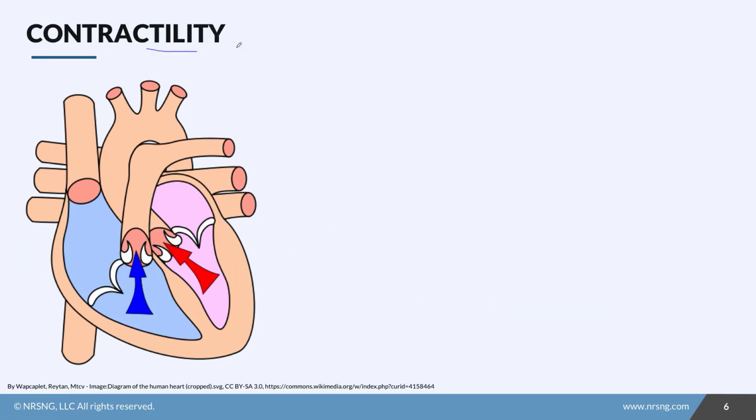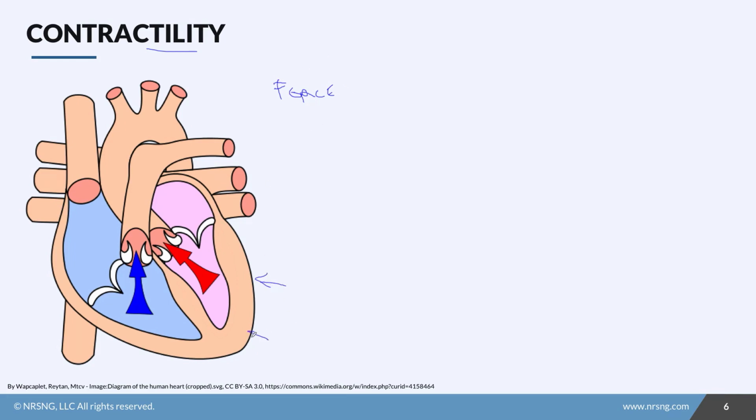Now, the last thing we want to talk about is contractility. This is the final element of stroke volume. Now, the best way to think of contractility is the force. This is the strength or force of the contraction.